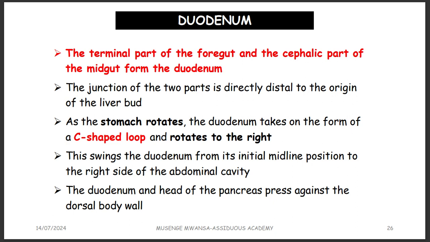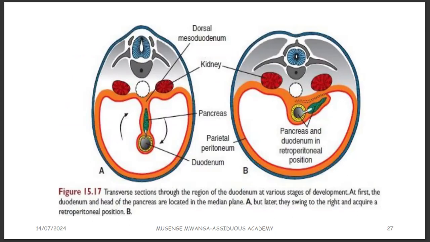The duodenum and the head of the pancreas press against the dorsal body wall. So you can see this was the pancreas developing in the dorsal mesoduodenum, and then after rotation clockwise, look at how it forms. You can see where the pancreas is now.